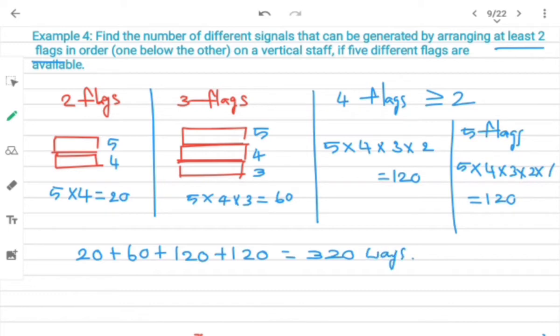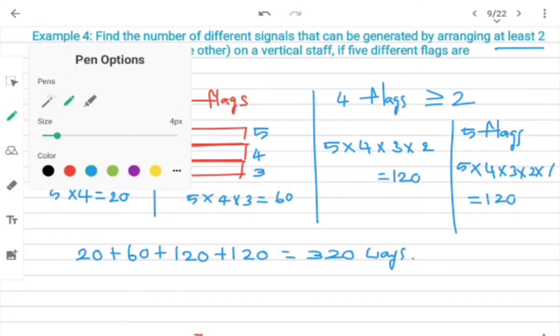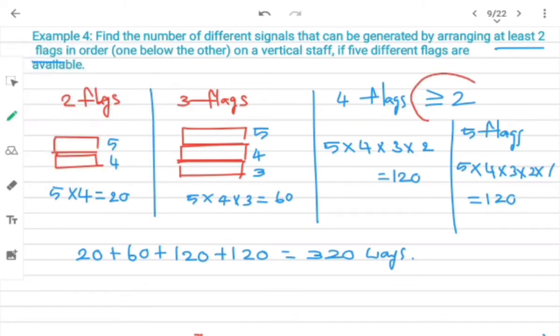Okay, you have to be careful. So far we saw only one type of flags, that is 2 flags at a time, 3 flags at a time. But here you can form 2 color flags, 3 color flags, 4 and 5 color flags, because they have given the words at least 2. At least means greater than or equal to 2.